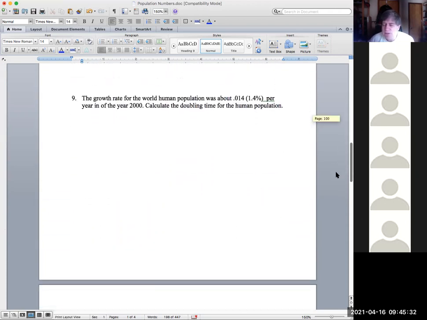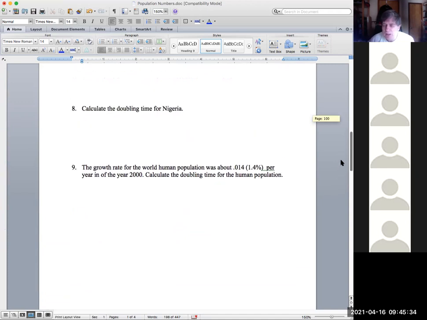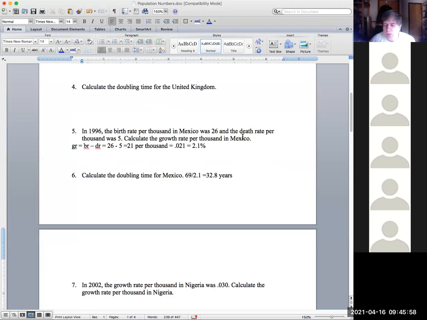Now let's look at some data where we're thinking about percentages. So here's one example. The growth rate for the world human population is 0.014 or 1.4%. Notice in this example, they didn't give us the birth rate and the death rate. They just actually gave us the growth rate. So that first calculation that we were doing above, where we were subtracting death rate from birth rate, we don't have to do that.